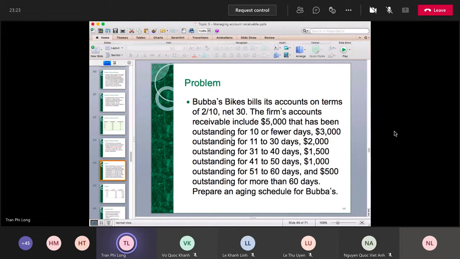And I have to say that I'm very surprised because this question is very easy. However, when I mark the final exam in the last semester, I find out that a lot of students skip this question. I don't understand why.